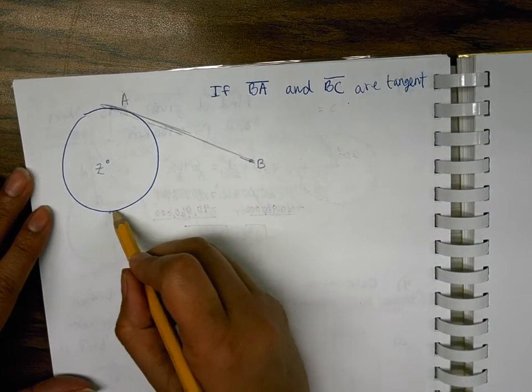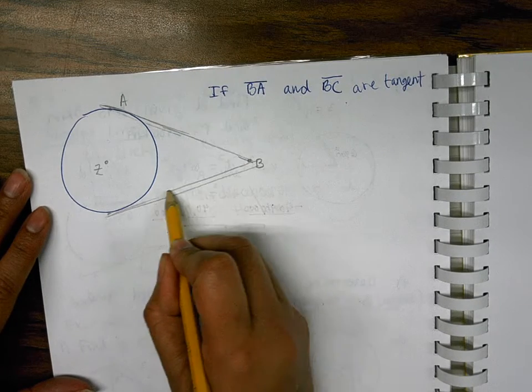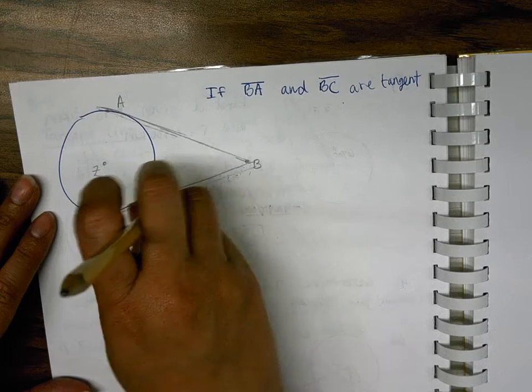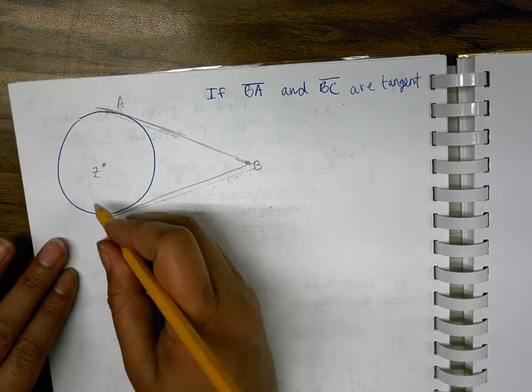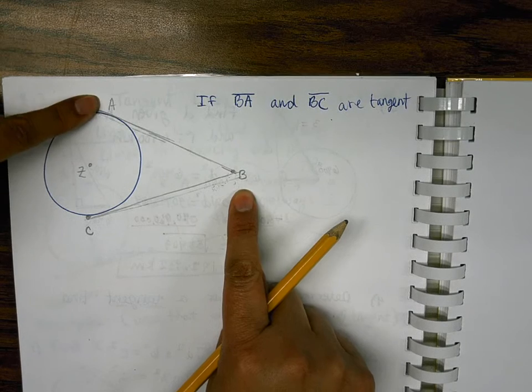Okay, so that is tangent, and that one is tangent. And this is going to be C.